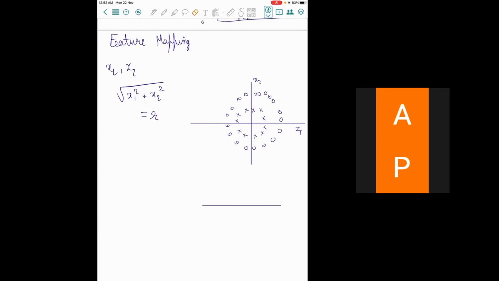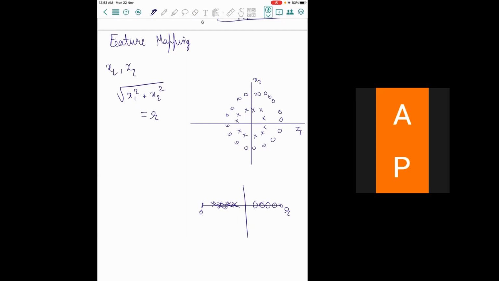If we plot in terms of r, let's say this is the 0 of r. We'll have all the crosses very close to 0, and all the circles very far from 0. So now it's very easy to linearly separate it. We just put a perpendicular line and we are able to separate it.